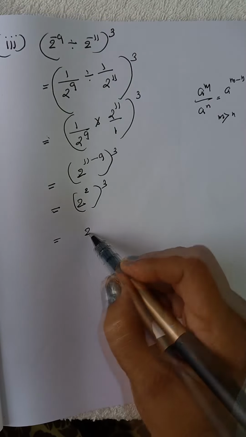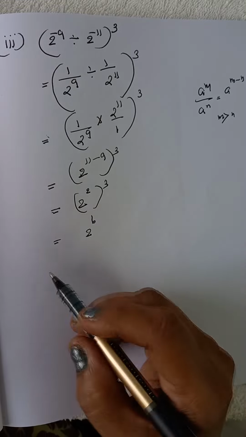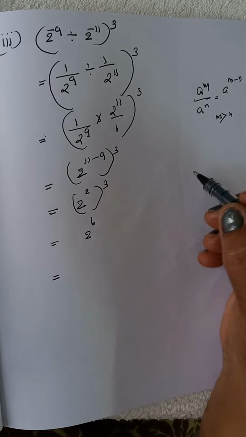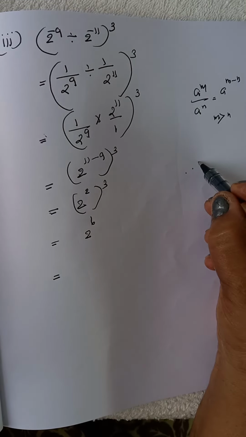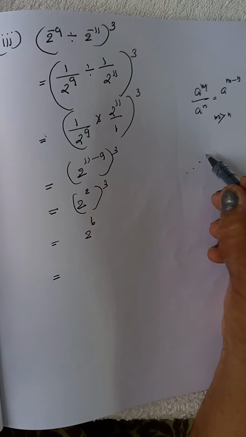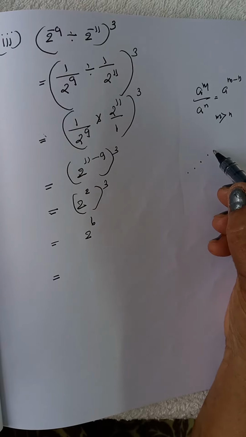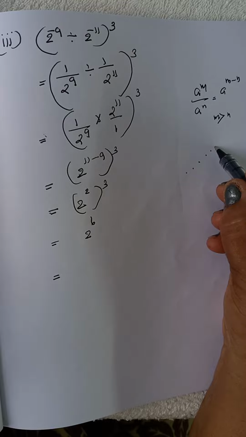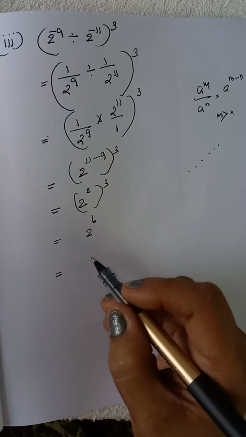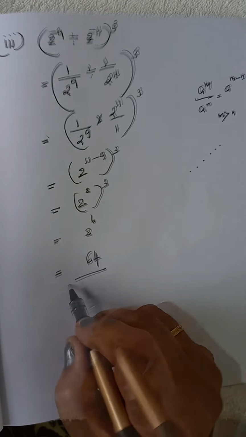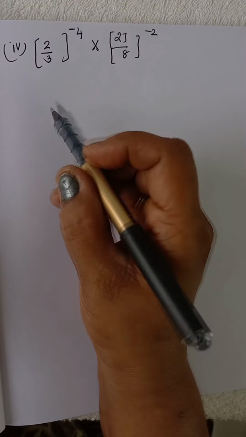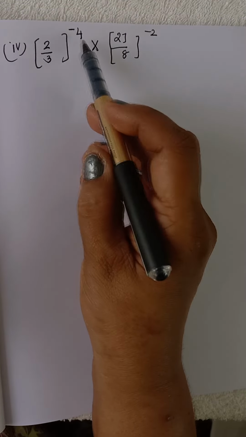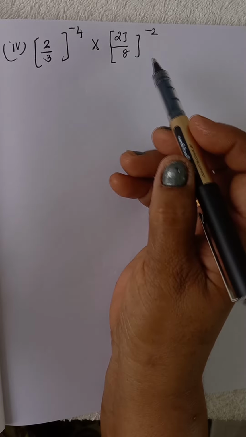That is equal to 2 raised to 2 into 3, which is 6, and that is 2 into 2 is 4, 4 into 2 is 8, 8 into 2 is 16, 16 into 2 is 32, 32 into 2 is 64. That's the answer.